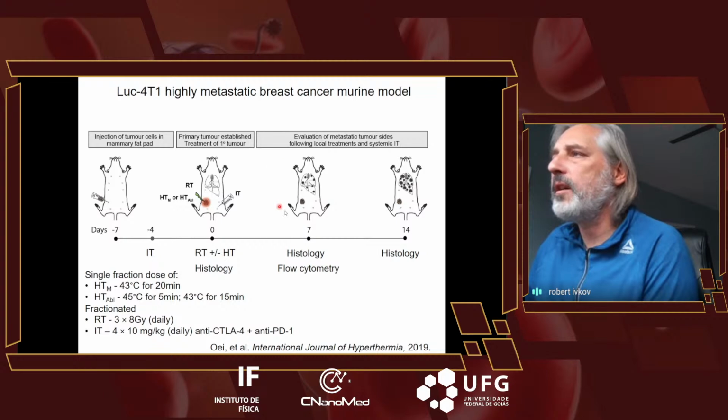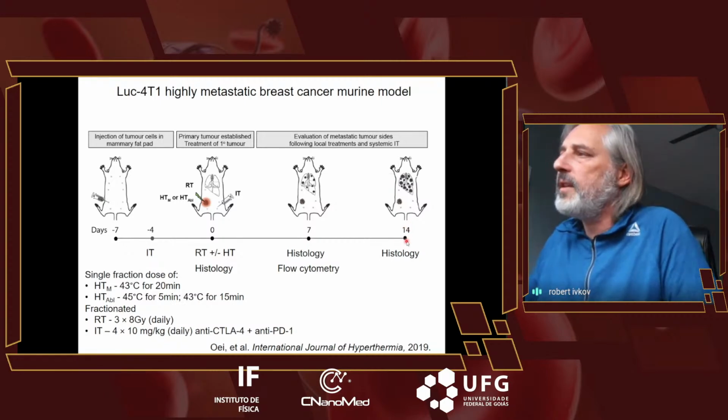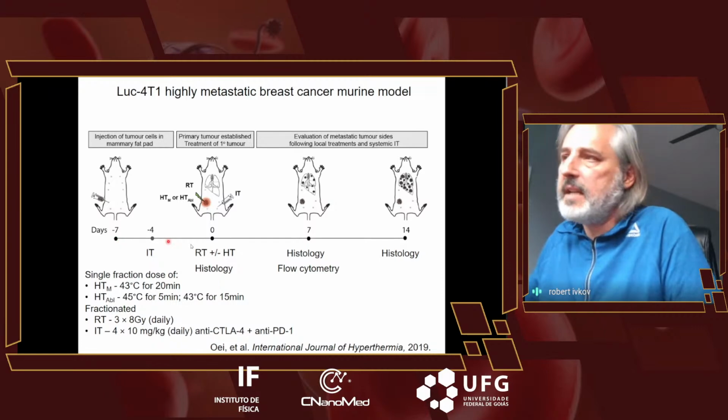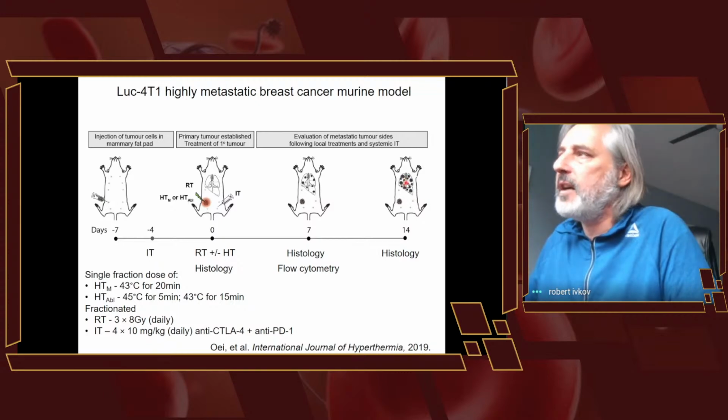And then one group of mice was sacrificed at 7 days and another at 14 days. Again, this is a very highly aggressive model. So within 14 days or 28 days after implanting the cells, basically we have very large tumors, and we also can find advanced metastatic disease or metastases in the lungs.